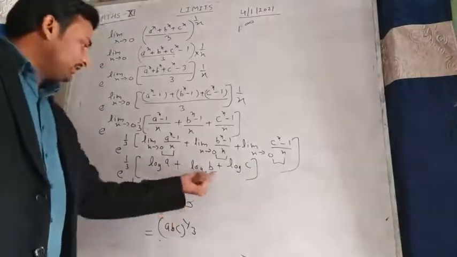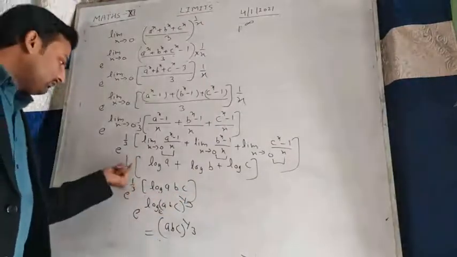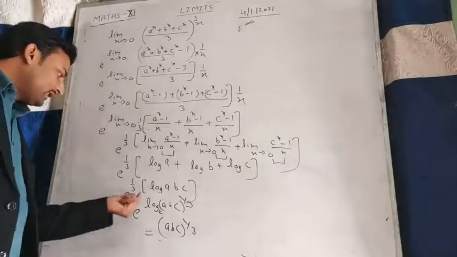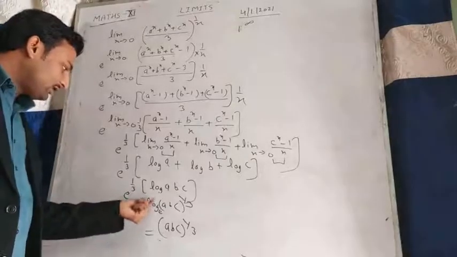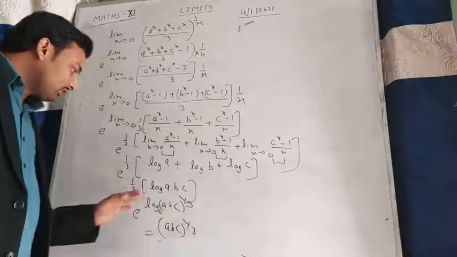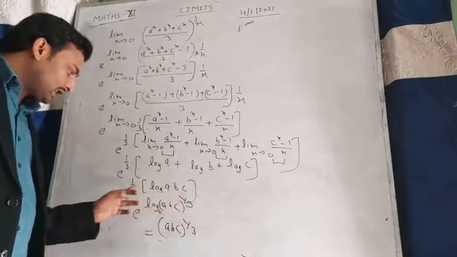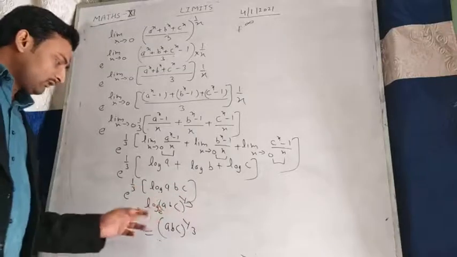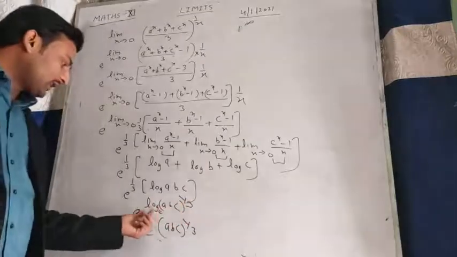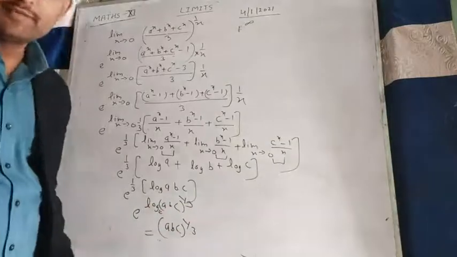So here it is log abc, and 1 by 3 is outside. So we can write e to the power log (abc) to the whole power 1 by 3, because log m to the power n changes into n log m. Now this part is equal to 1, so we can write (abc) to the whole power 1 by 3.